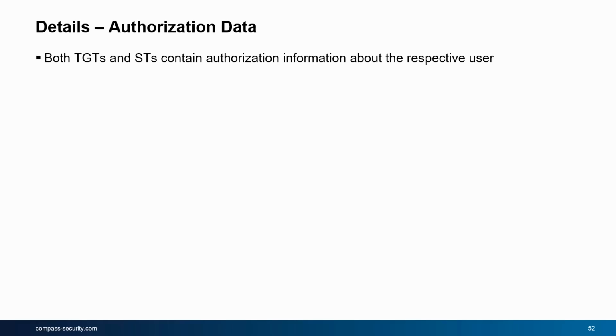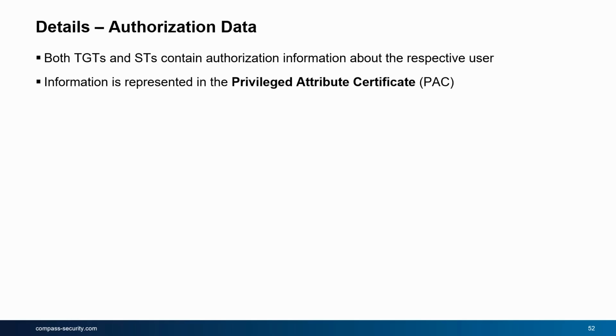On previous slides, we learned about the authorization data that is contained within Kerberos tickets, and specifically the authorization information is present in both ticket granting tickets and service tickets, and it represents a collection of information about the user that is contained within the ticket. Now, the information specifically is held in a so-called privileged attribute certificate, or PAC for short.